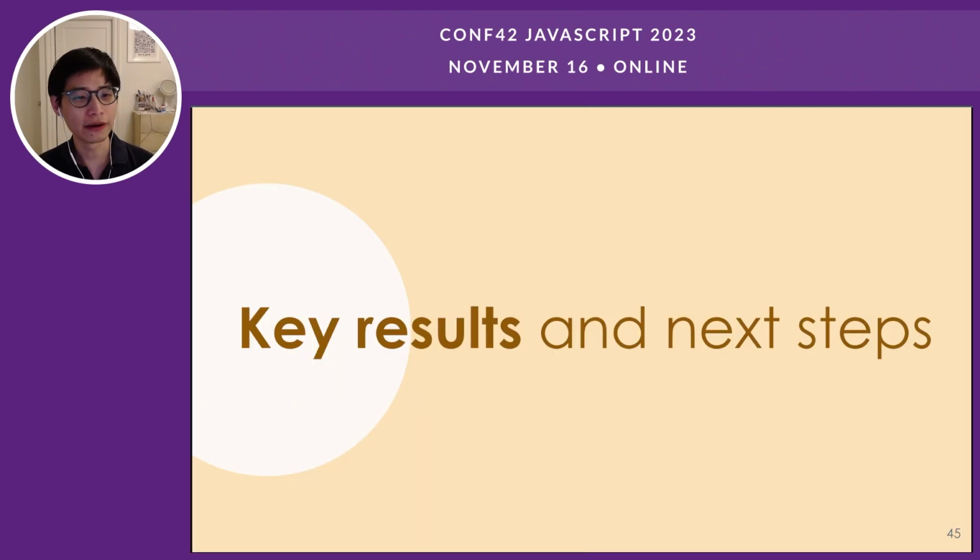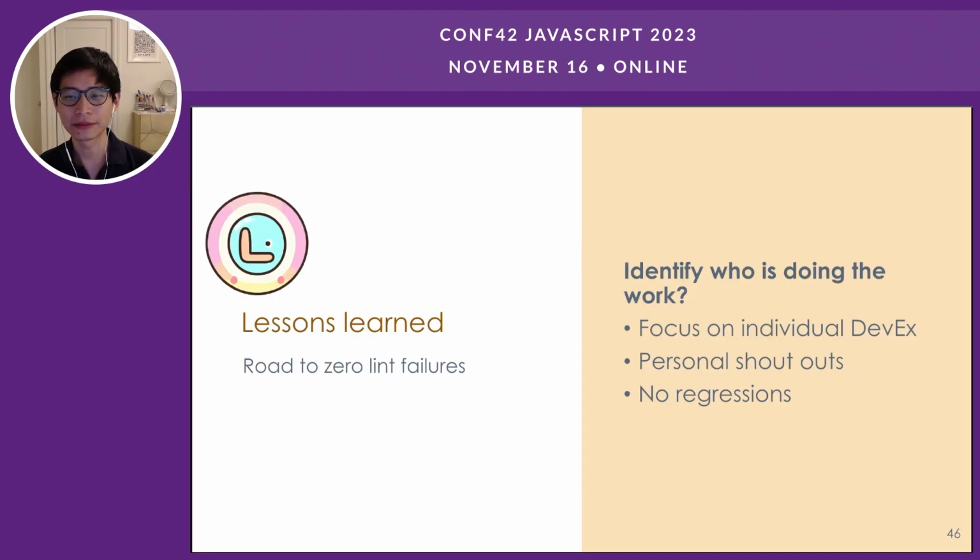So for the results of our initiative, we learned that individual developer experience was very important. The actual engineer working on the fixes should have all the attention, not some sort of 100,000 feet view of the landscape.